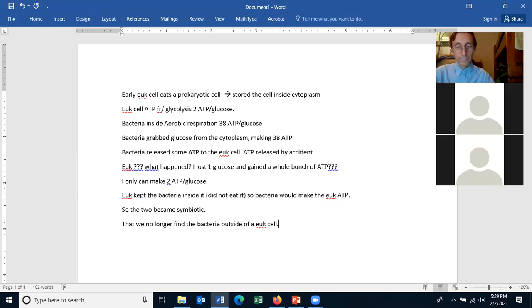And of course, almost all eukaryotic cells have bacteria inside them as mitochondria. So that's the theory. Any questions about the endosymbiotic theory in relationship to mitochondria?